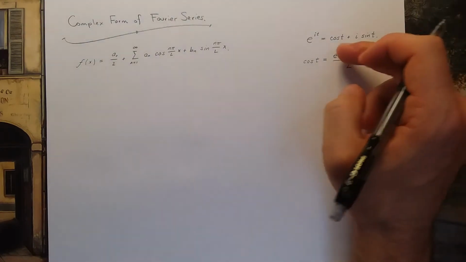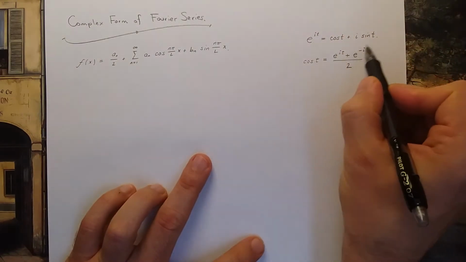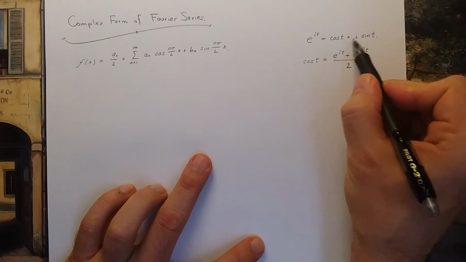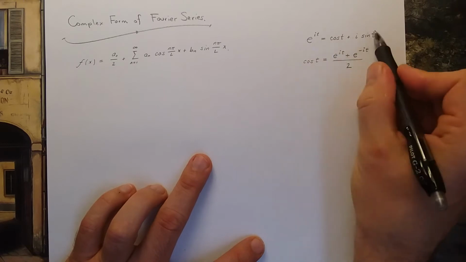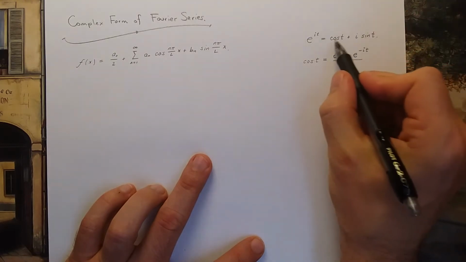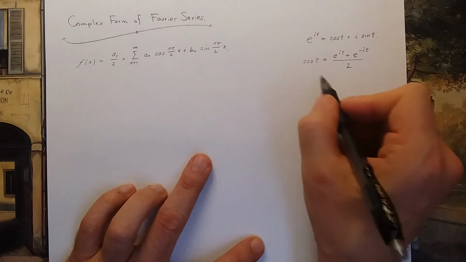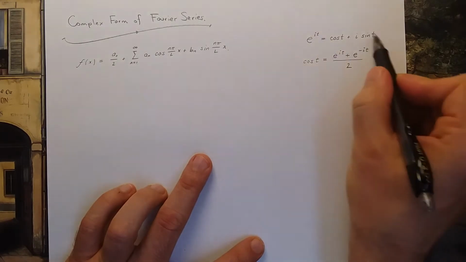You could see that if you take this expression, add it to the same expression where you just replace the i with a negative i, you'll get the sine t's canceling, leaving 2 cosine t. So then when you divide by 2, you just end up with cosine t. So it's a different way of writing down this identity.